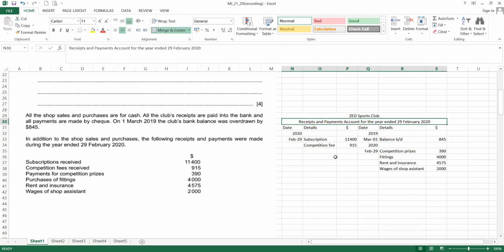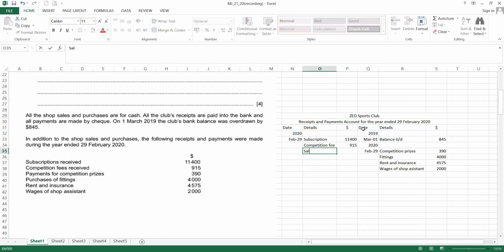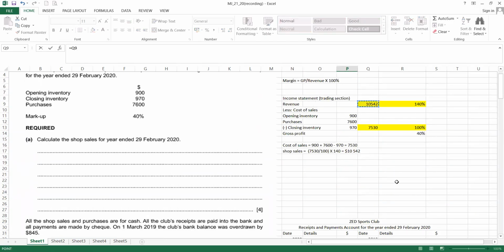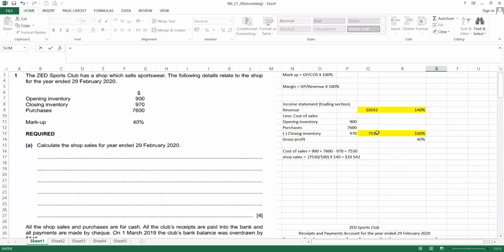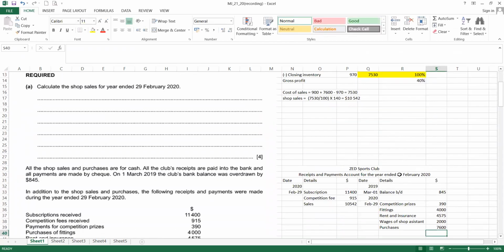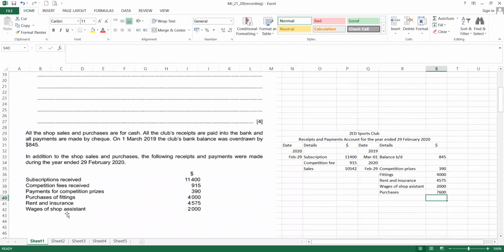Debit receive, credit payout. So here we have to put in the sales amount, 10542. And the purchases amount, which is given by the question, 7,600. So all the amounts are recorded based on the information already. Now we need to check whether debit or credit is more.